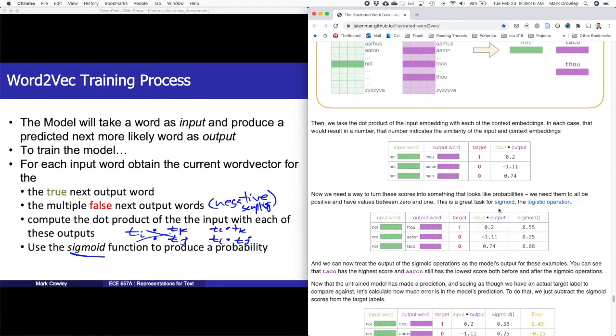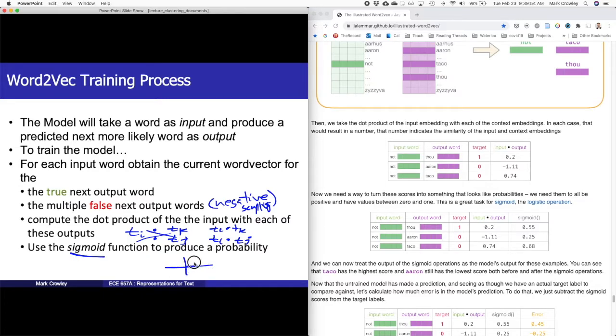But what we do is we pass that through a sigmoid function, right? So we had the sigmoid function from logistic regression before already, right? And remember, it's one that turns any number between negative infinity and infinity, I wrote it backwards, into something between 0 and 1, right?